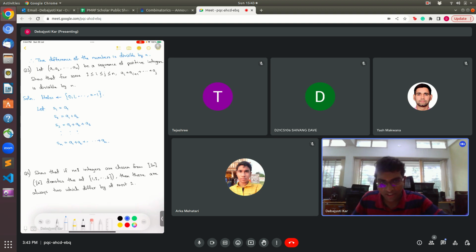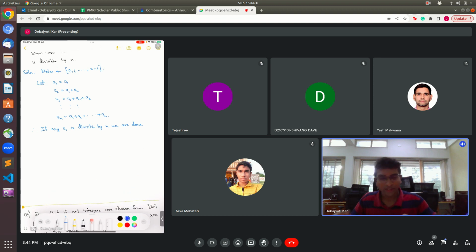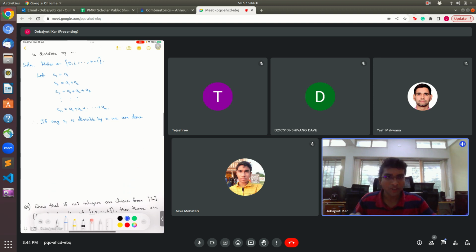So now if any of these Si is divisible by n, we are done, because we have already got a sum a1 plus a2 plus up to ai that is divisible by n. So suppose this is not the case. Suppose that none of these Si is divisible by n, right?